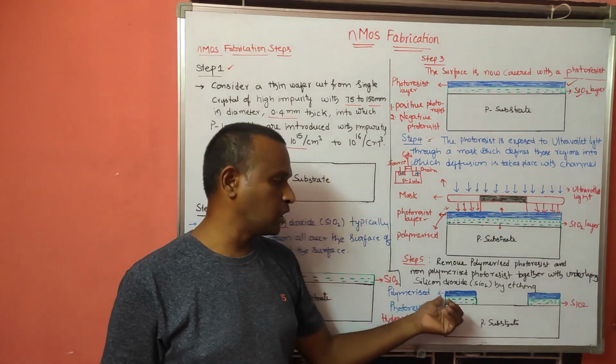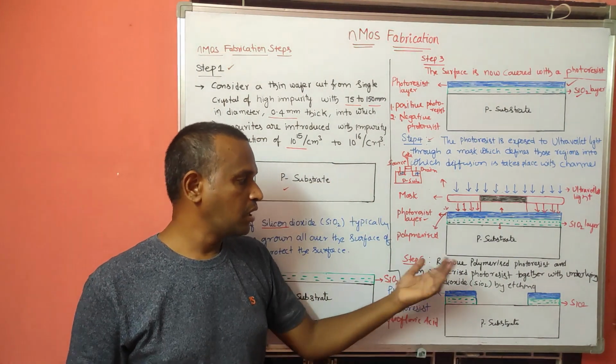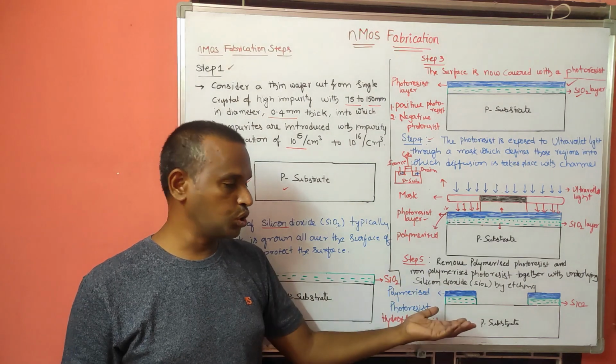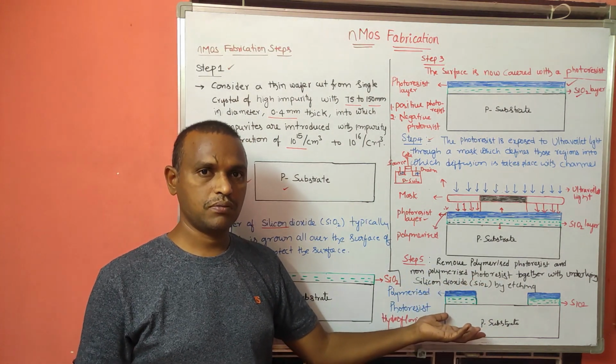This diagram indicates the situation after the removal of the non-polymerized photoresist and the SiO2 under it. I am keeping the polymerized photoresist as it is, and in the next diagram I can show this polymerized photoresist removed.